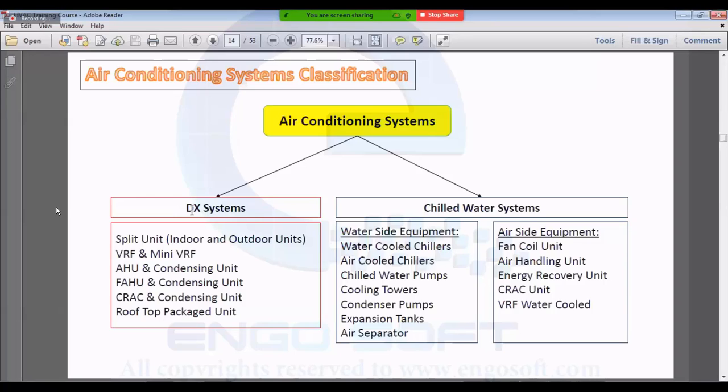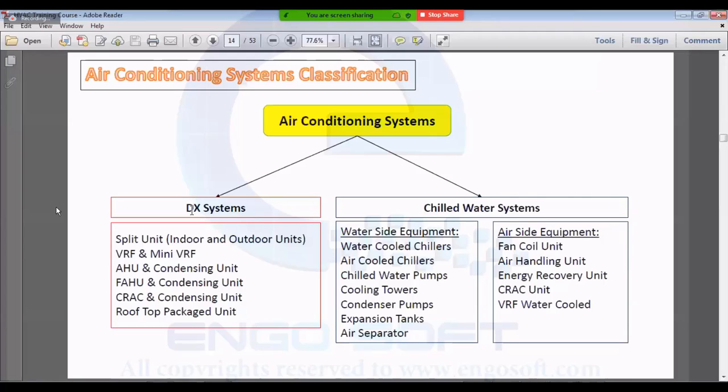Yes, it is installed on the roof. And they also have a supply duct, a return duct and a fresh air duct, right? So you connect these ducts to the machine and to the space directly. But it is installed on the roof. So these are the components of the DX systems.